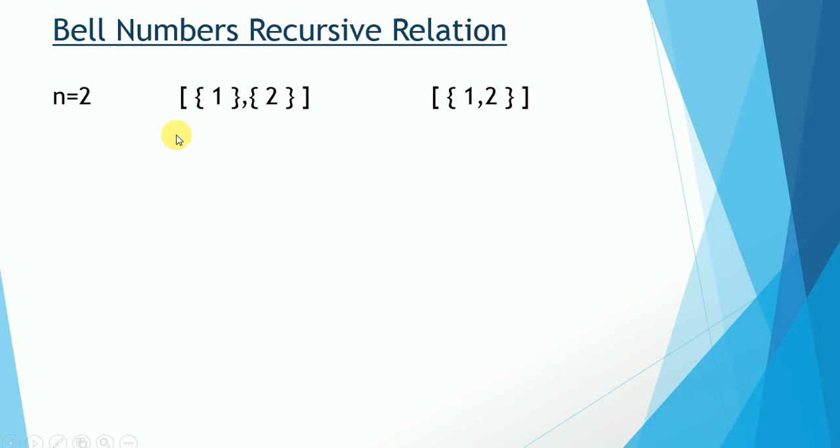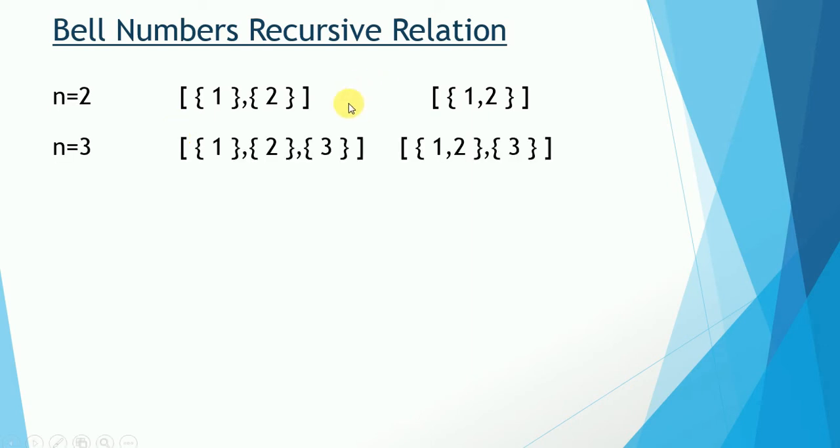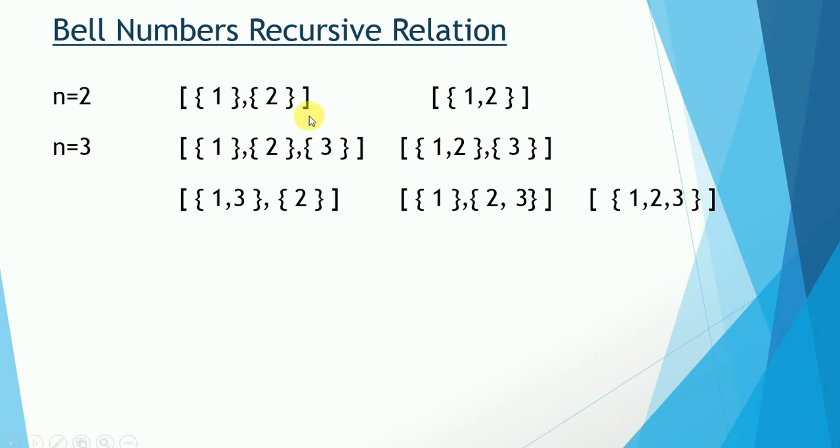The first component suggested that when we add the nth element to existing partitions, then it is added as a single element. So 3 is our nth element. Now n equals 3 means that there are 3 integers in a set. So 1 and 2 were already there, and we are adding 3 to it.